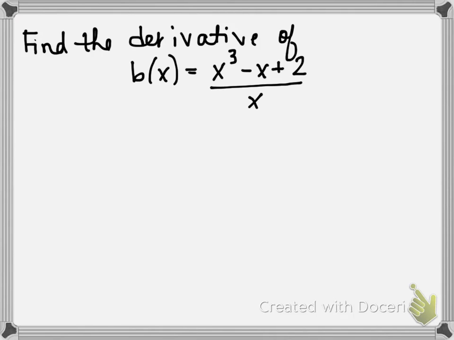So here I have two functions and I'm finding their quotient. The numerator is the function f and the denominator is the function g.